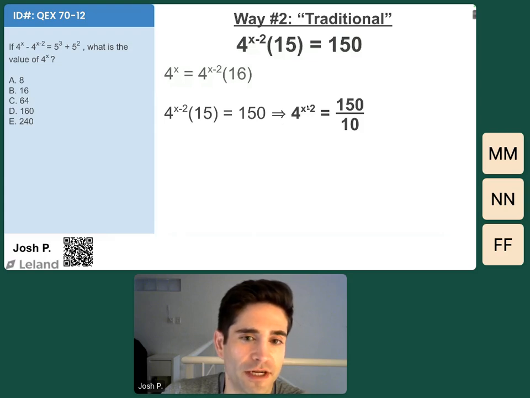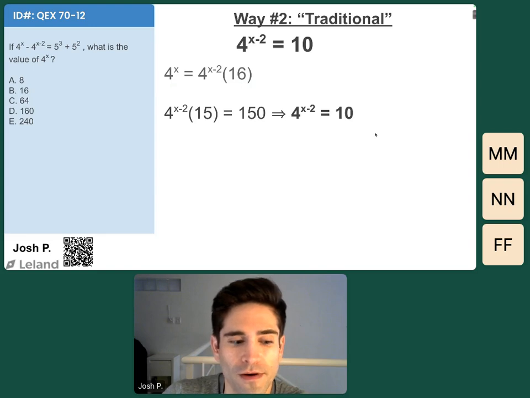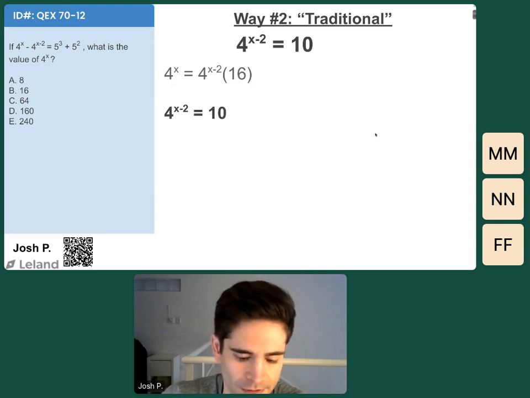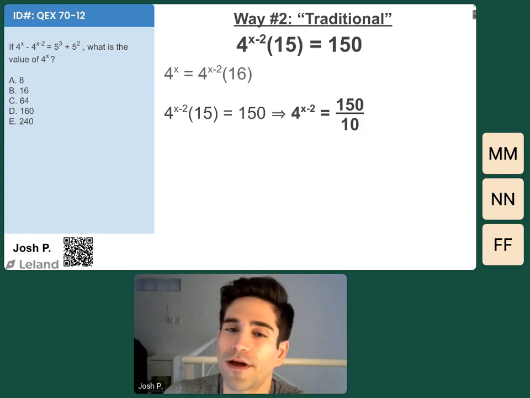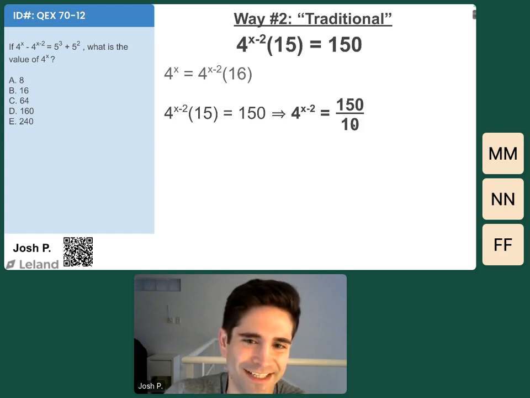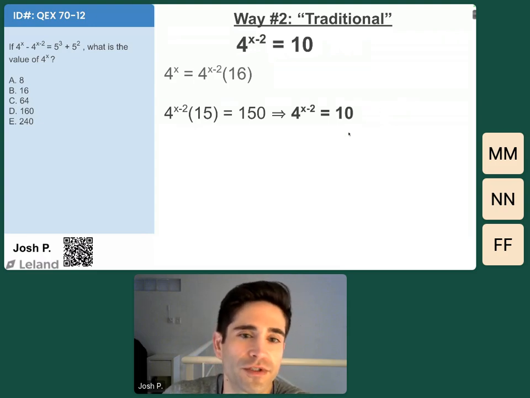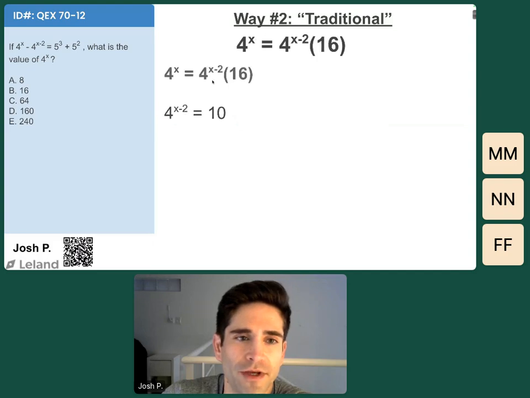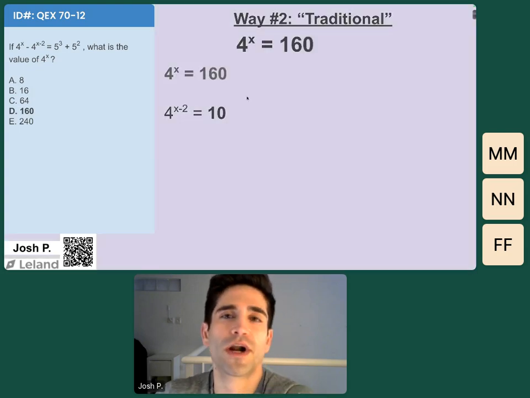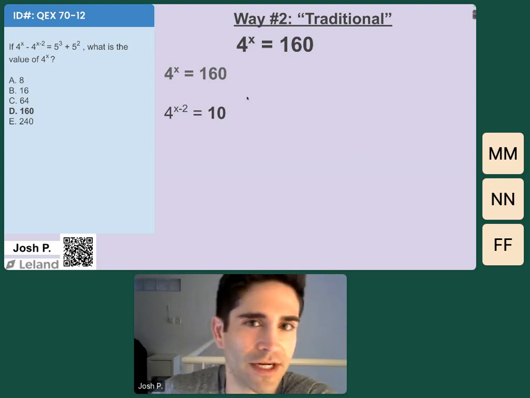We have that 4^(x-2) is equivalent to 150 over, sorry, 15, not 10. So 150 divided by 15. So we have 4^(x-2) equals 10. And if we have 4^(x-2) equals 10, we input it back here. So 4^x equals 10 times 16, or 160. That is our answer.